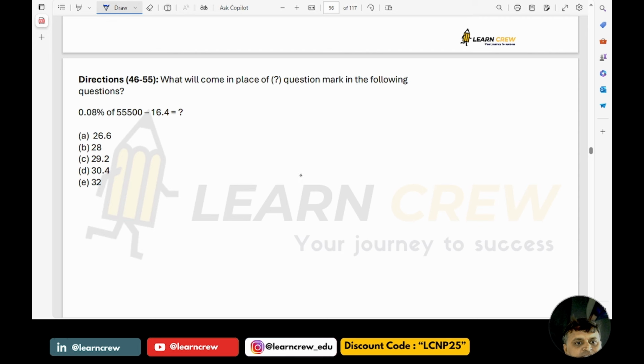Next, 0.08 percentage of this value. So 2 zeros will cancel. So 0.08 into 555 minus 16.4.